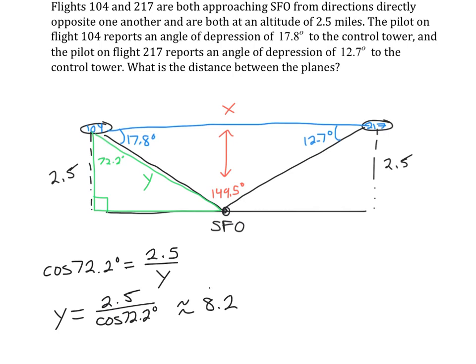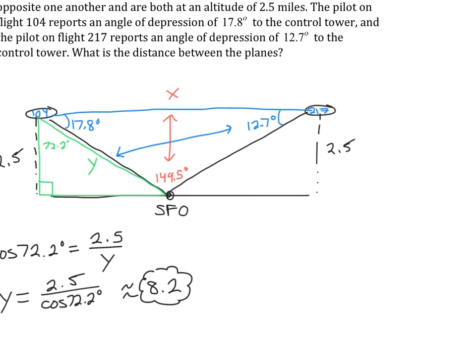8.2 if we round. So now that I know this length, I can now use law of sines for my larger triangle. So we can say x over the sine of 149.5 equals y, which is 8.2, over the sine of its opposite angle, 12.7.